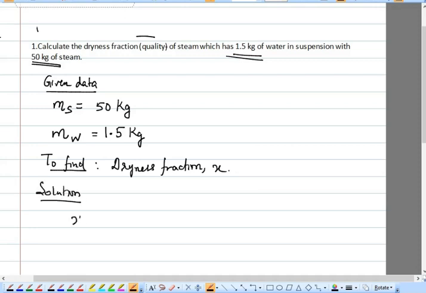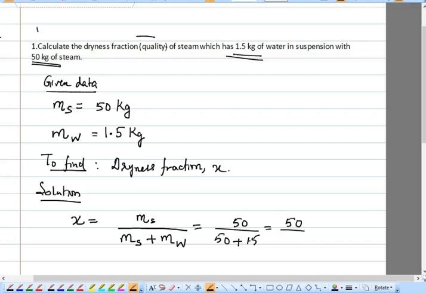We know that the dryness fraction x is given by mass of the dry steam divided by the mass of dry steam plus the mass of water in suspension. So I can write like this, 50 divided by 50 plus 1.5. So this will be equal to 50 divided by 51.5.